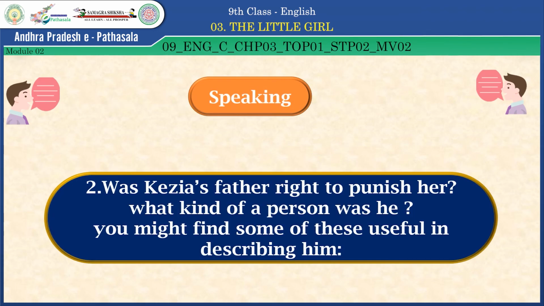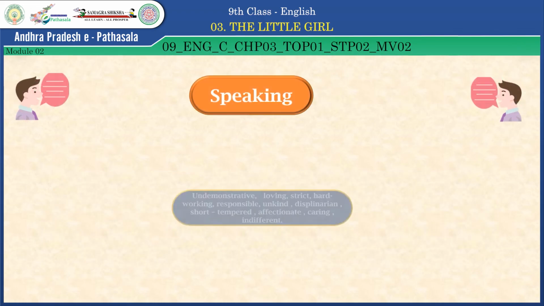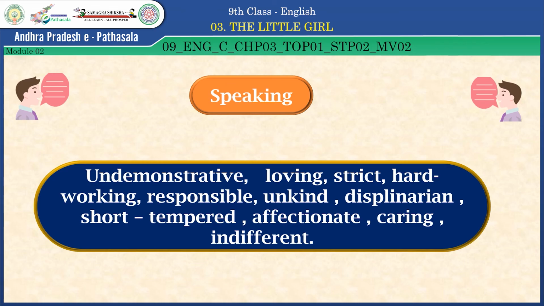Speaking activity, second one. Was Kezia's father right to punish her? What kind of a person was he? You might find some of these useful in describing him: undemonstrative, loving, strict, hardworking, responsible, unkind, disciplinarian, short tempered, affectionate, caring, indifferent.